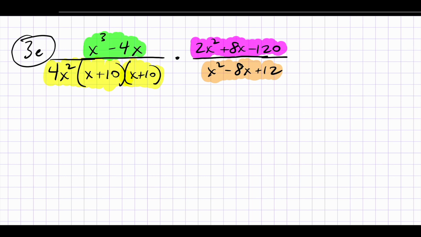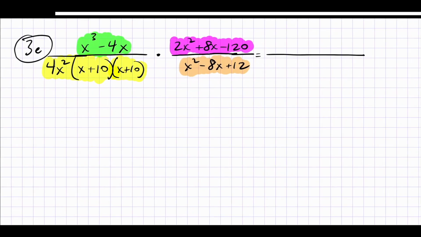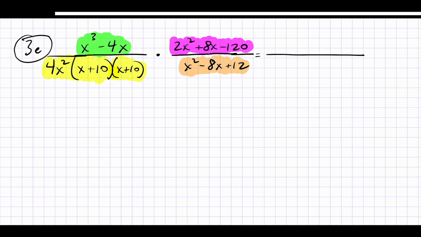And the yellow is actually already done for you. It was probably a trinomial, but they've already simplified it for you. So you just got to do the rest. Okay. All right, I'll let you guys work on it, and then we'll go over it in a few minutes, and we'll be done.